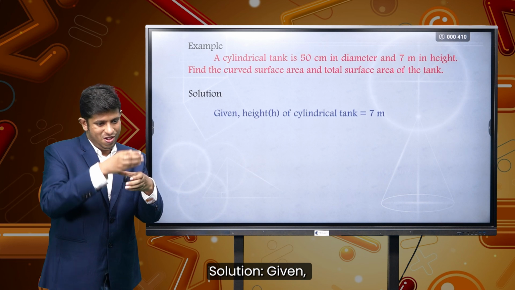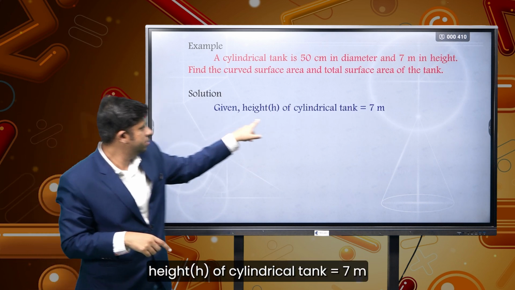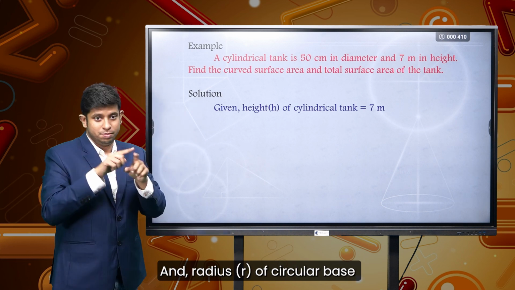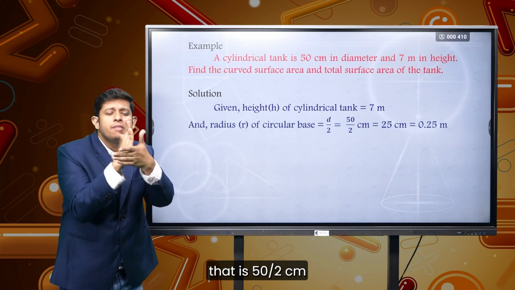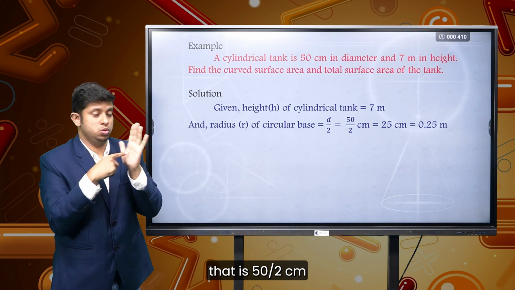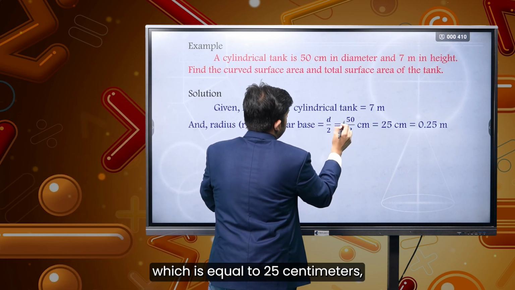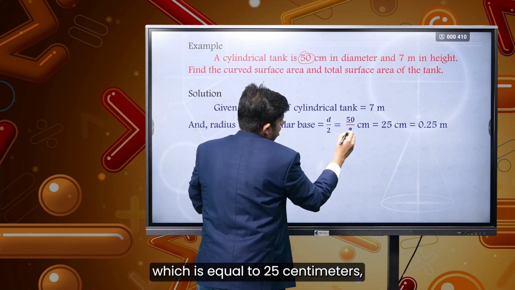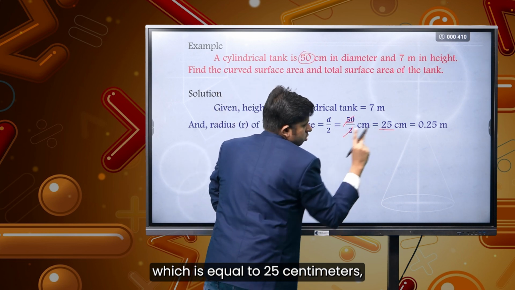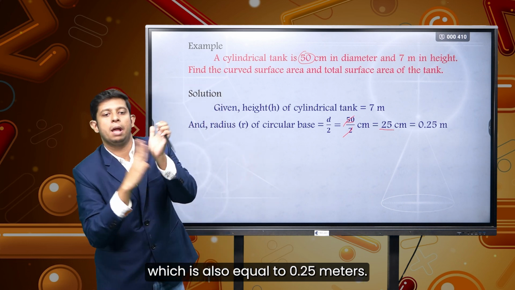Given height h of cylindrical tank is equal to 7 meter and radius r of circular base is equal to d by 2, that is 50 by 2 centimeter, which is equal to 25 centimeter. Which is also equal to 0.25 meter.